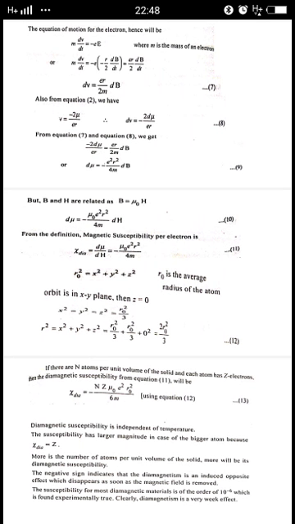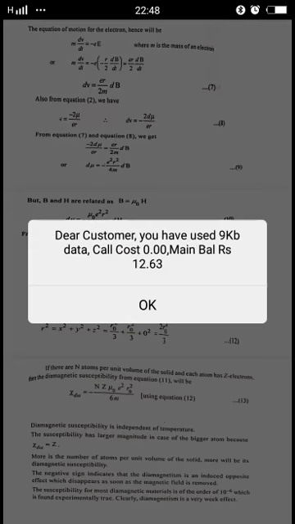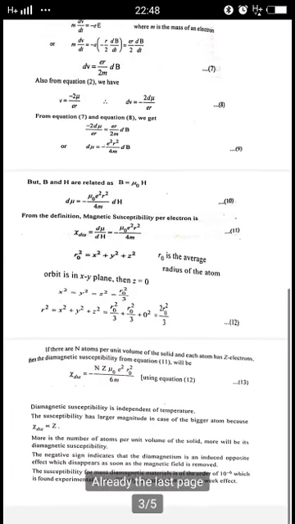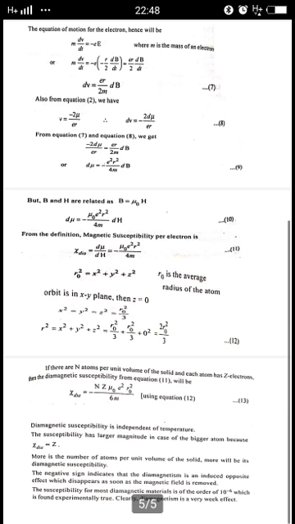Substituting z is equal to 0, we find that r square is equal to x square plus y square, which is equal to 2 r naught square by 3. So we substitute this value of r square in equation number 11.